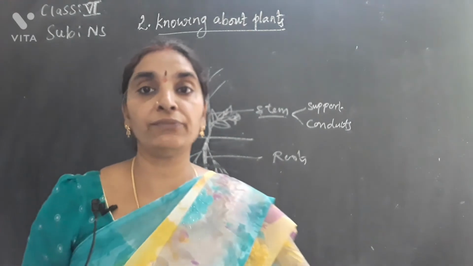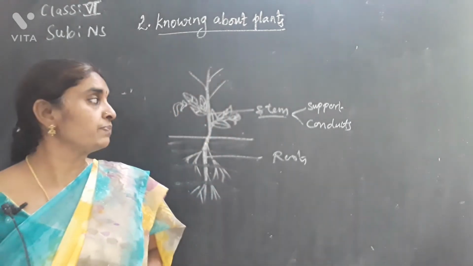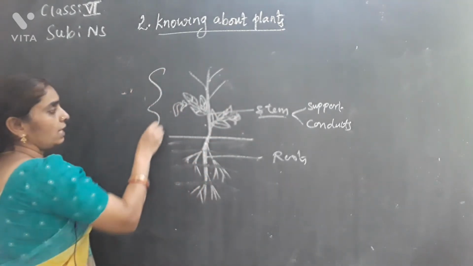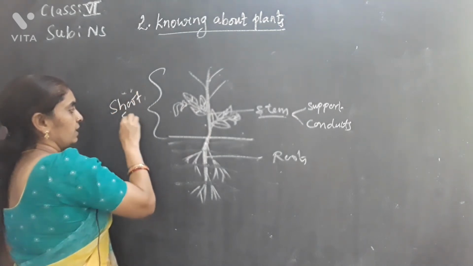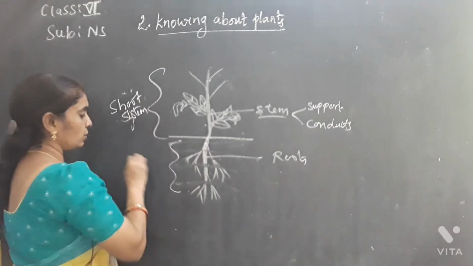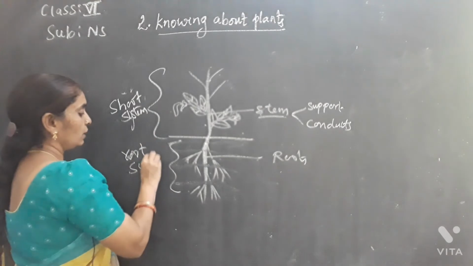So that is the main function of the stem in the plant. Where does the stem lie? Stem lies above the soil and root lies below the soil. Stem belongs to the shoot system. Root is below the soil and it is the root system.